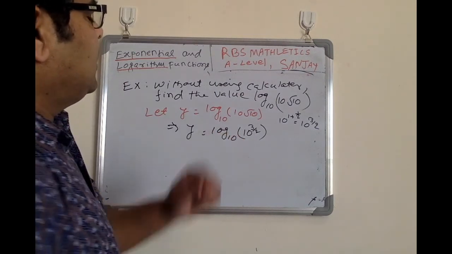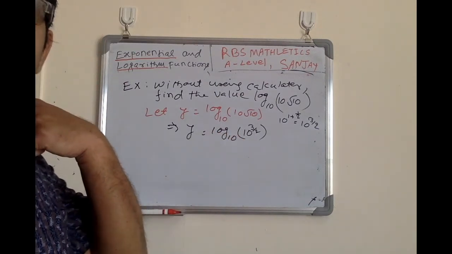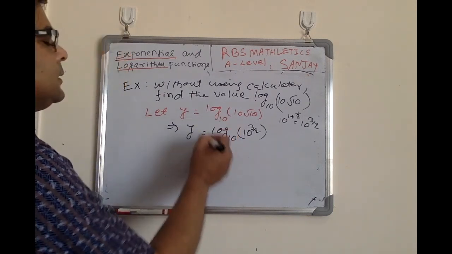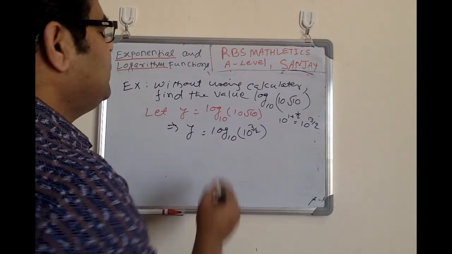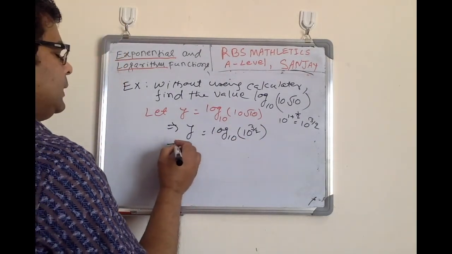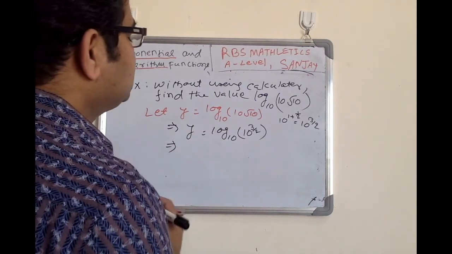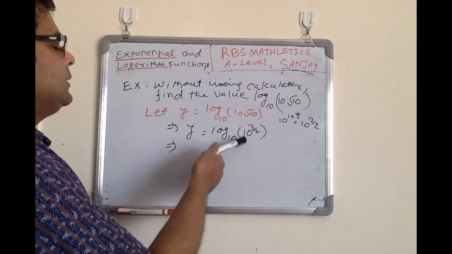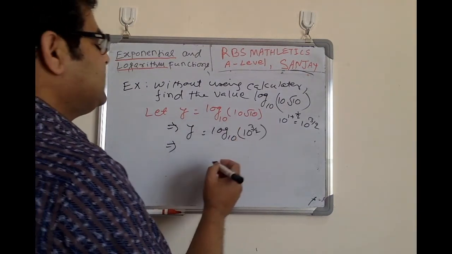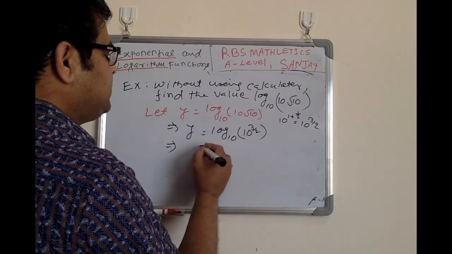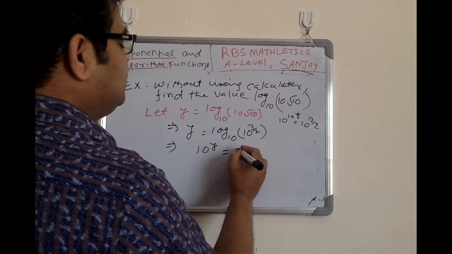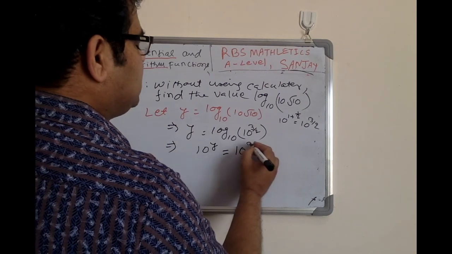Now this is in the logarithm form. Convert that into the exponential form in order to evaluate this logarithm. Using the concept of how a logarithm is converted to exponential form, your exponential form is going to be 10 raised to the power y equals 10 to the power 3 by 2.